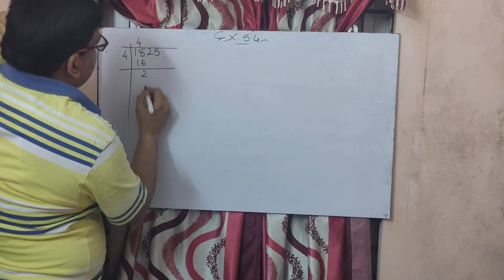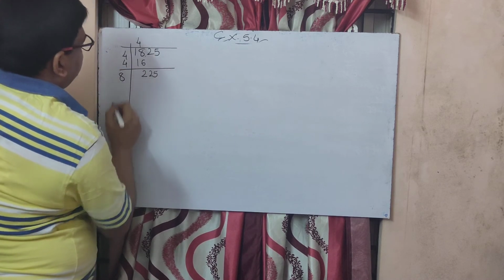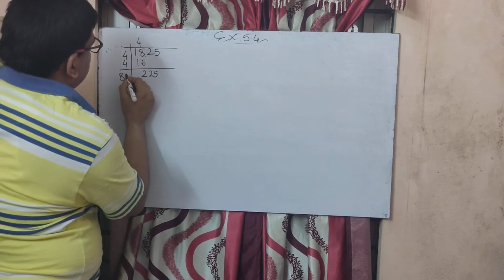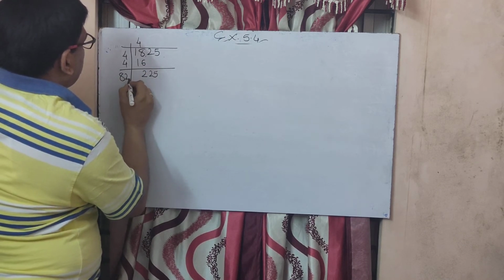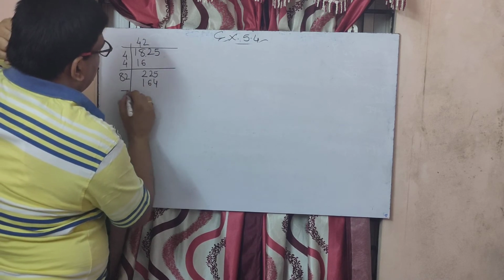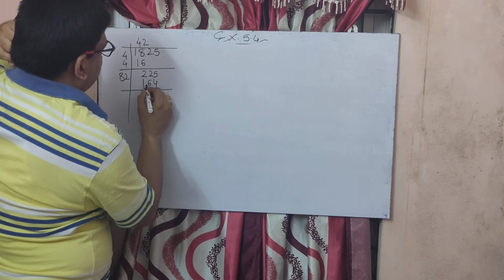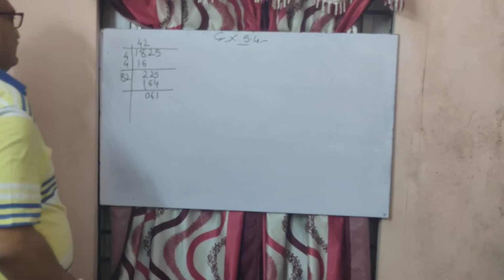What remains? 2 remains. Take 25 down, add 4, it becomes 8. So whatever you write here, 83 3s are, it becomes a bigger number. 82 2s are 164. Now we get 42.